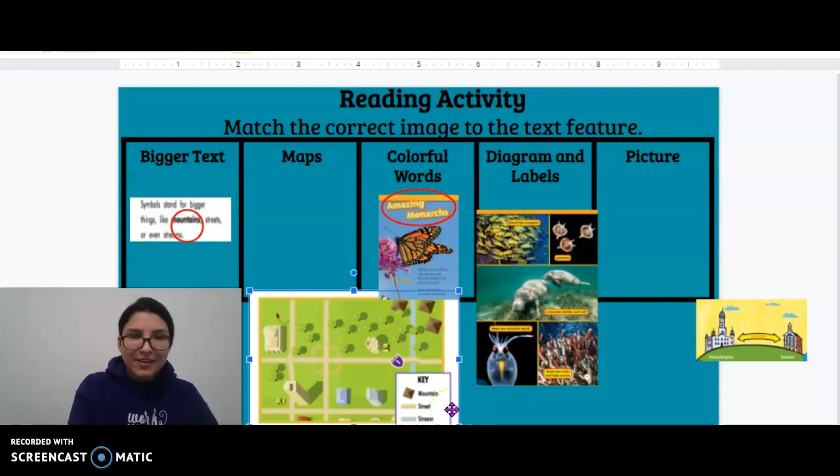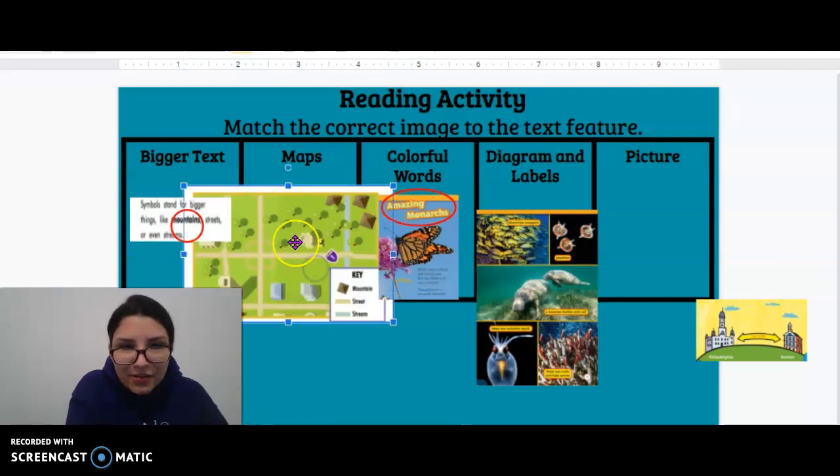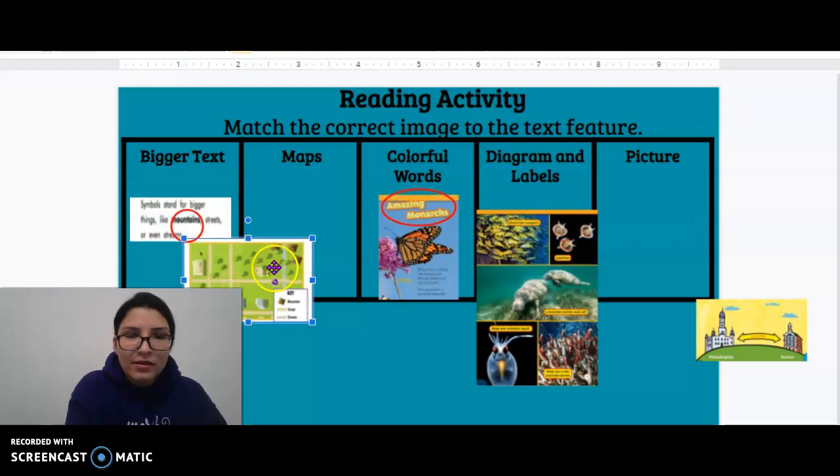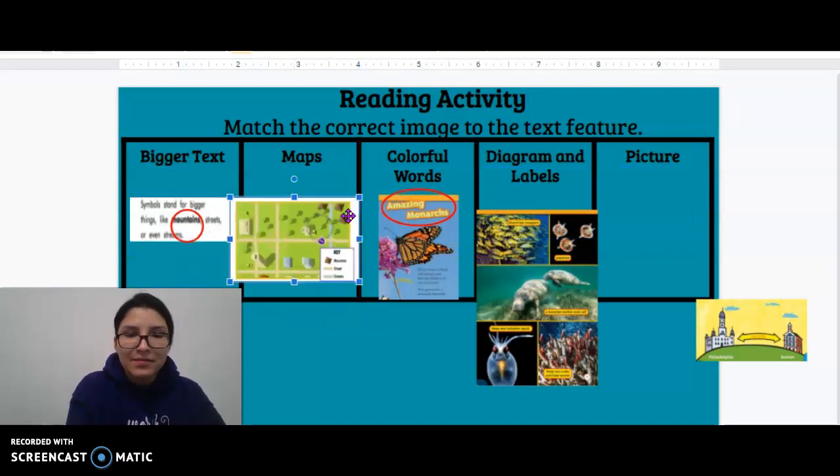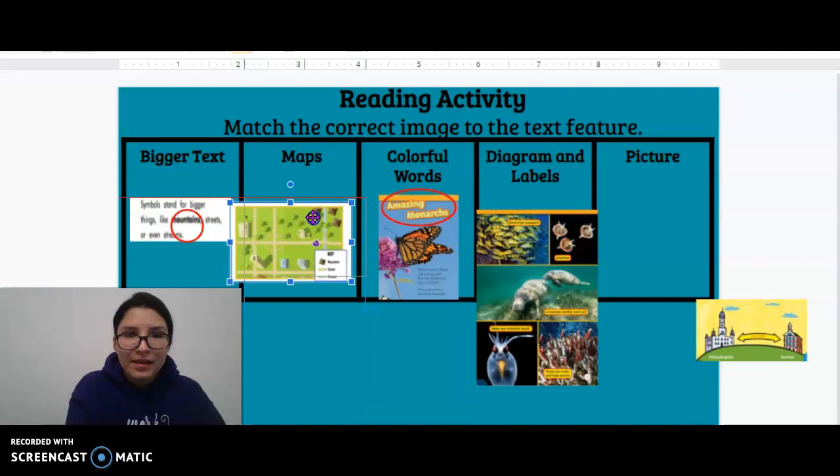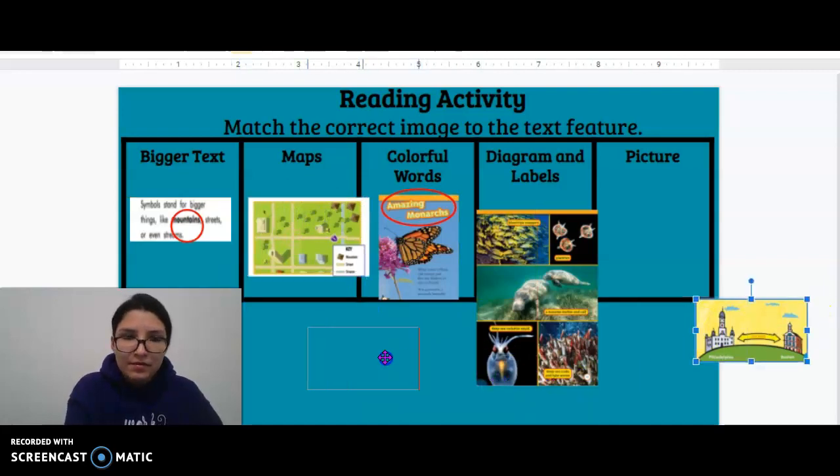Okay, show me your fingers. It's an example of a map, right? So this is a picture of a place, a little town. So a small picture of a big place. That's a map.